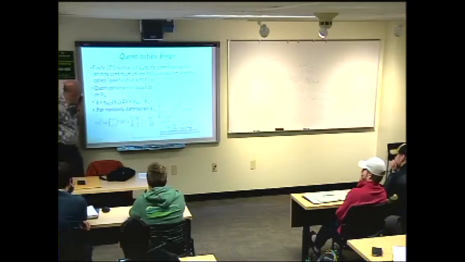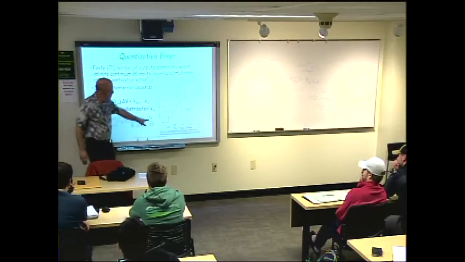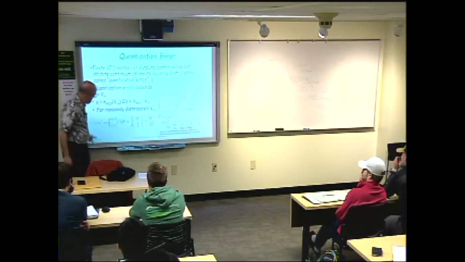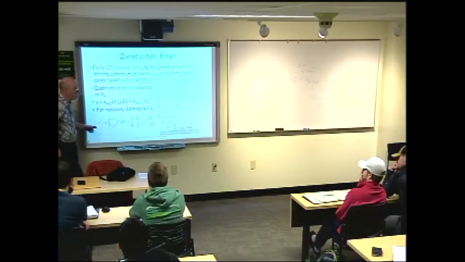Well, dimensionally, this matches this, but this doesn't match that. So this is the noise density per unit volt. It is left as an exercise for the student to correct this formula.